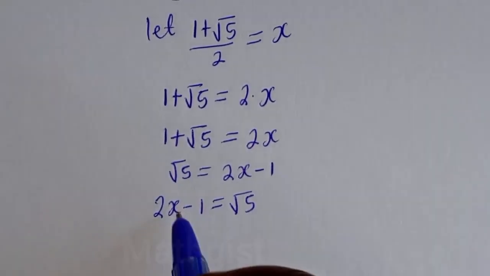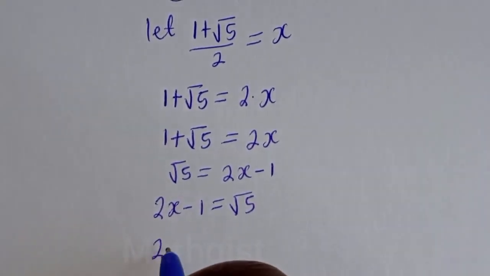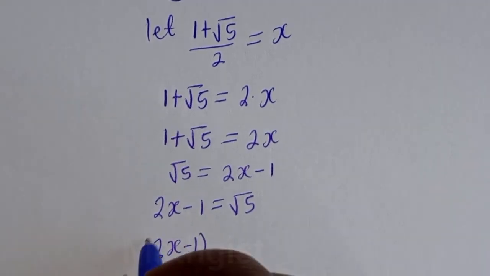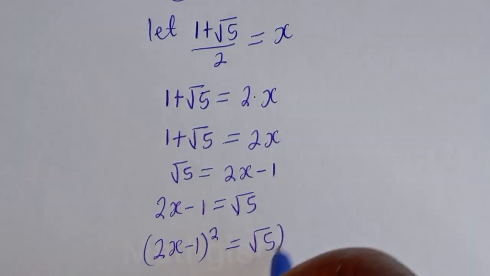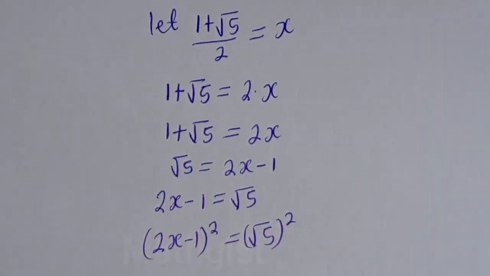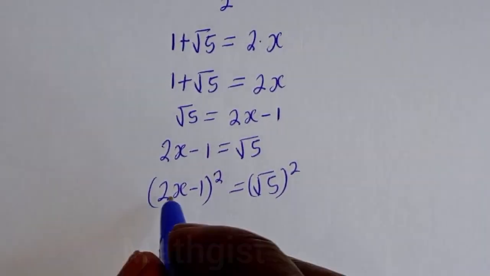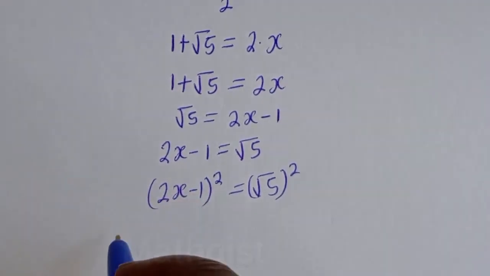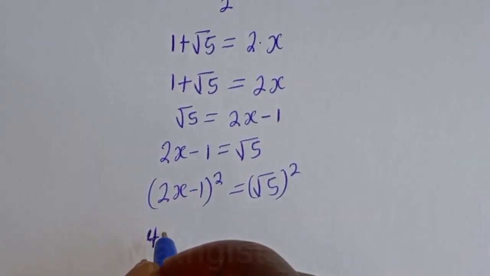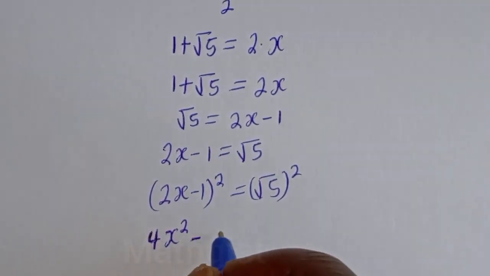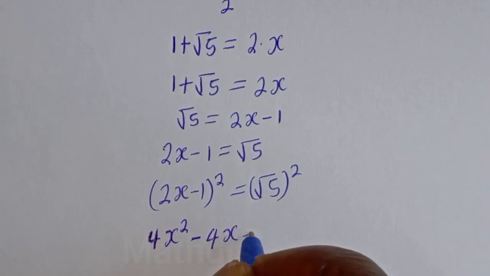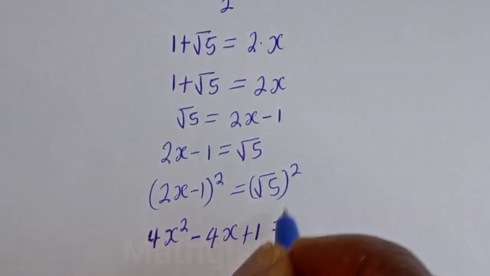Now let's square both sides of this equation. (2x − 1)² is equal to (√5)². (2x − 1)² is 4x² − 4x + 1, equal to this.